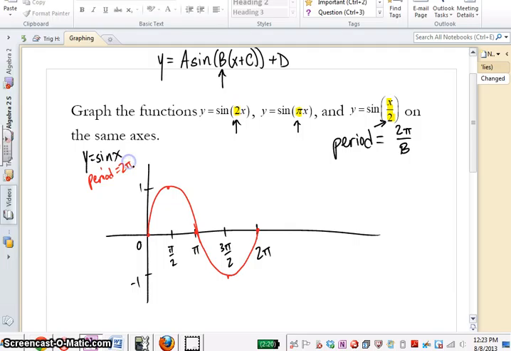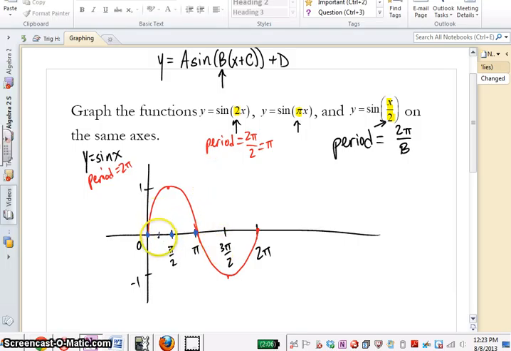of 2 pi. So y equals sine 2x will have a period, using our formula, of 2 pi over 2, or just pi, which means it's going to be half as big as the graph that I had just made. So it will start in the same place, but it's going to need to finish by the time we get to pi, which means halfway in between, that's our middle point, will have to be at pi over 2.